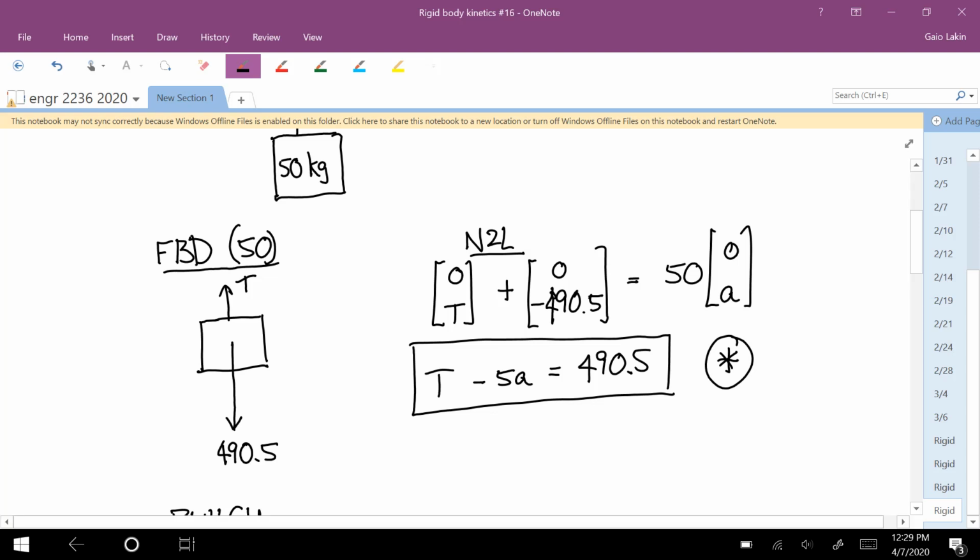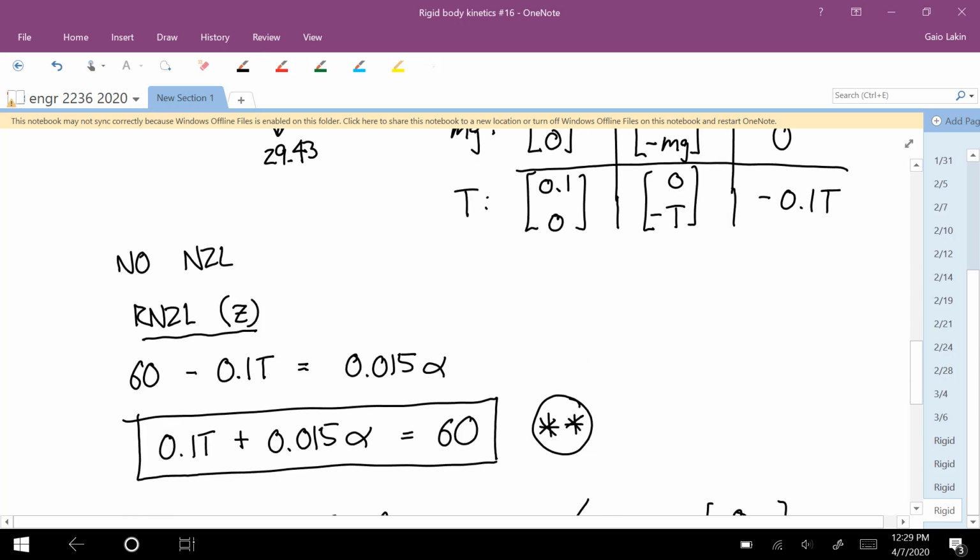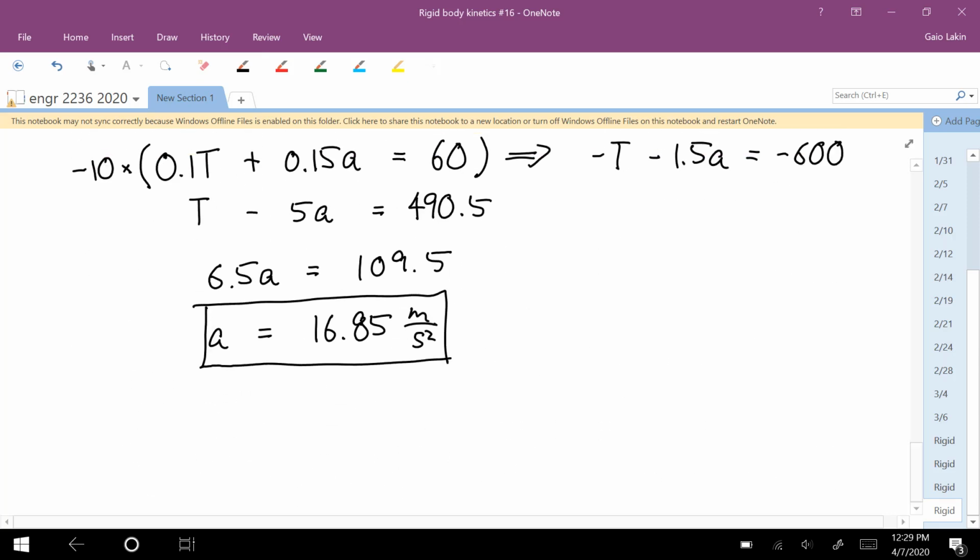So the mass and the size of that pulley decreased the acceleration of the mass from 21.9 meters per second squared to the answer that we got, 16.85 meters per second squared. And that's the solution to rigid body kinetics number 16.